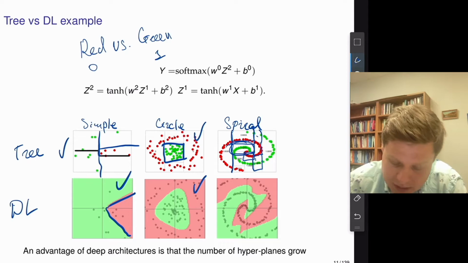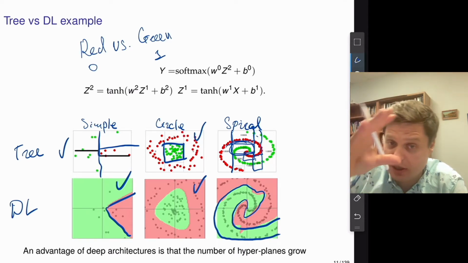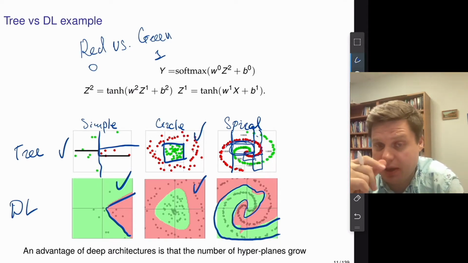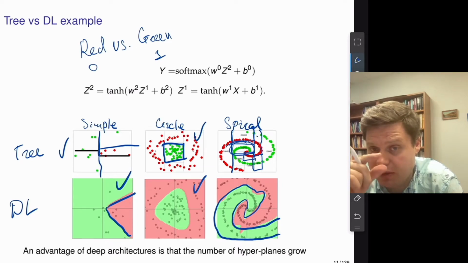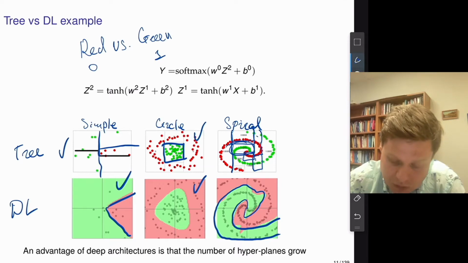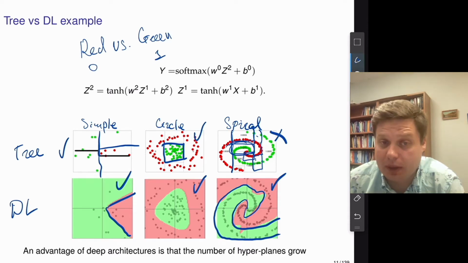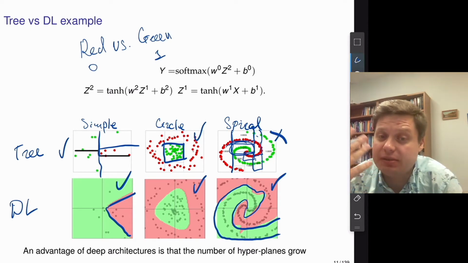And with deep learning, you can see the geometry of the deep learning separation. It's much closer to the nature of the data set. Deep learning basically tries to identify the region that has a spiral shape, compared to trying to fit those square regions into the data. So here the deep learning does very well, and I would say the tree model doesn't do that well. So it gives you a sense of flexibility.